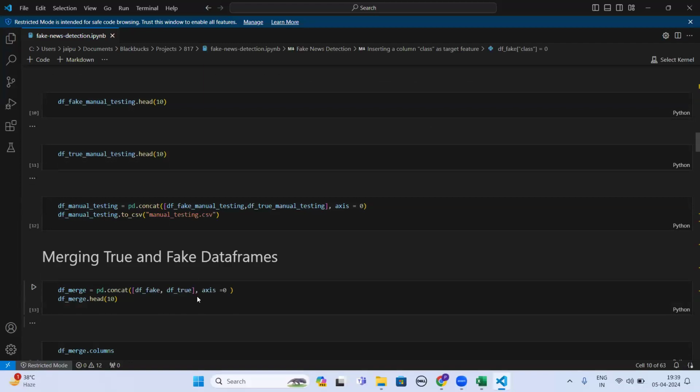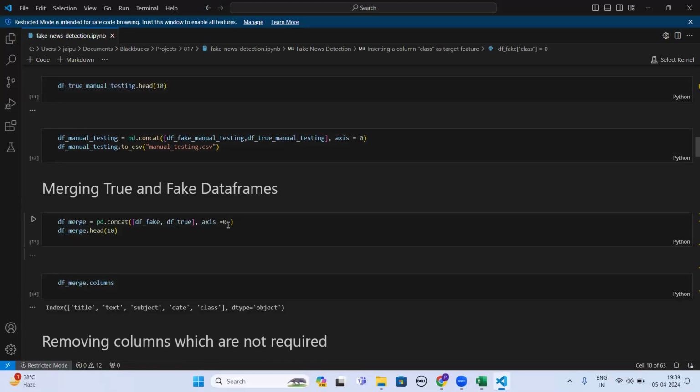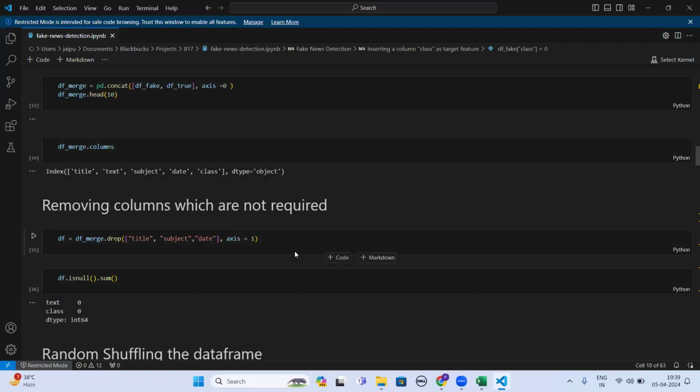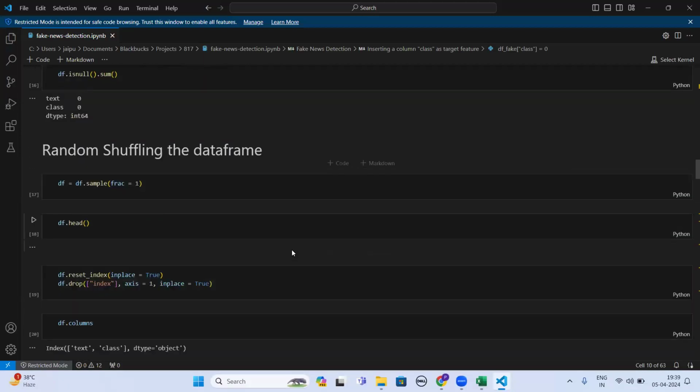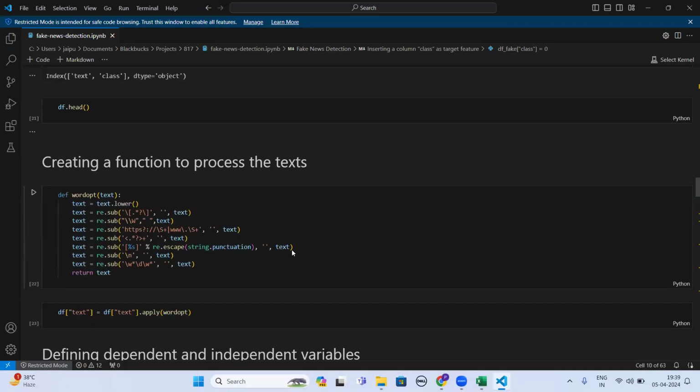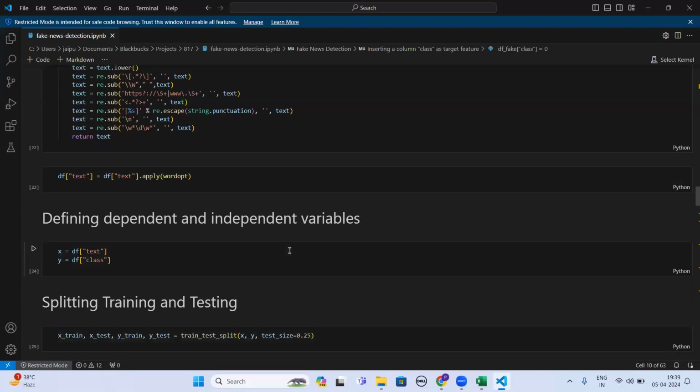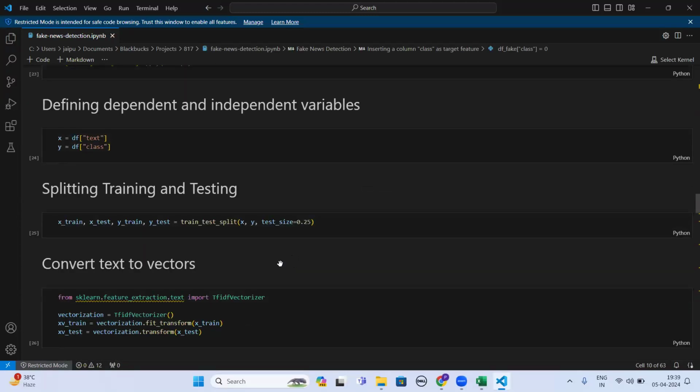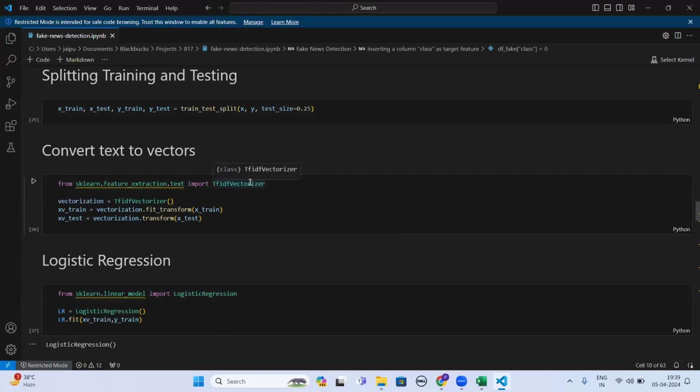You merge those data frames row wise, removing the columns which are not required. Then we are doing tokenization, stop word removal, and conversion to vectors using TF-IDF vectorizer. And then I think Naive Bayes classifier will work very well.